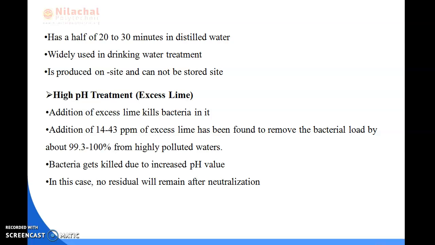It can be added to remove any bacterial load or any type of virus, about 99.3 to 100% from highly polluted waters. And also we know that the increased pH value of the water can kill the bacteria. So bacteria get killed due to the increased pH value. In this case, no residual will remain after the neutralization.